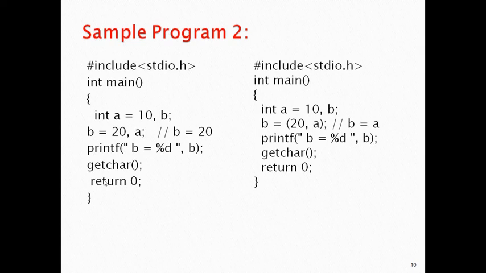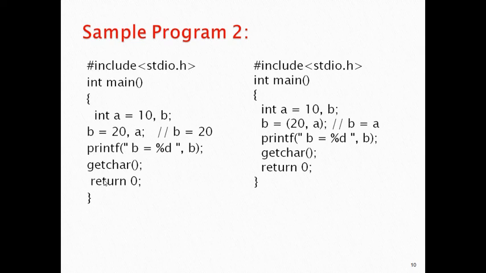This is one expression: b is assigned 20, comma a. Printf("b = %d", b); getchar(); return 0; end of the program.